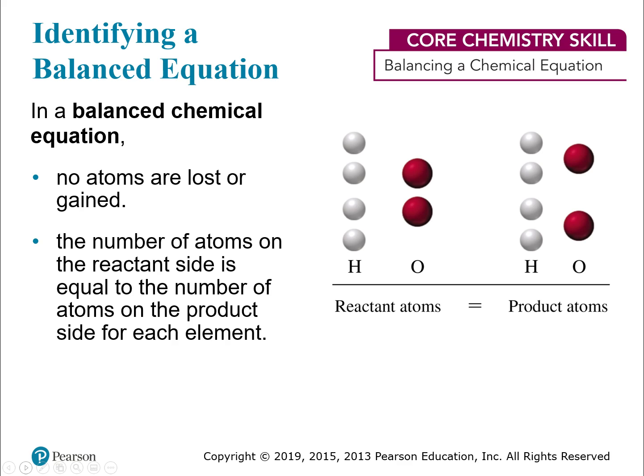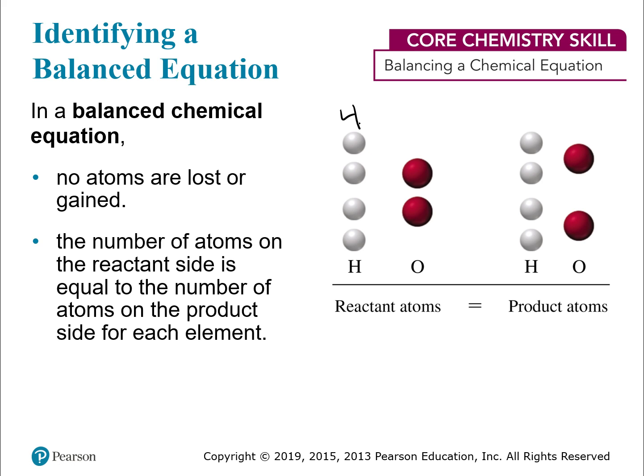Alrighty. Now that we've covered what a chemical equation looks like, and we've refreshed ourselves on what a chemical change is and how we can identify a chemical change, let's talk about balancing chemical equations. In a balanced equation, the number of atoms is the same on each side. So if we have hydrogen and oxygen atoms as reactants, the same number of hydrogens and oxygens should be on the product side.